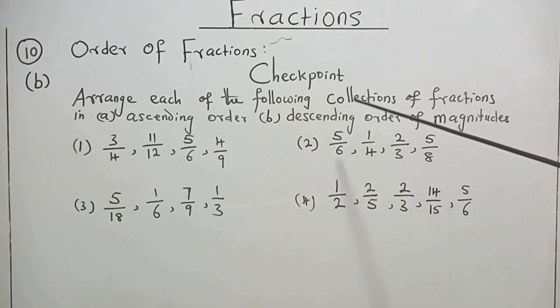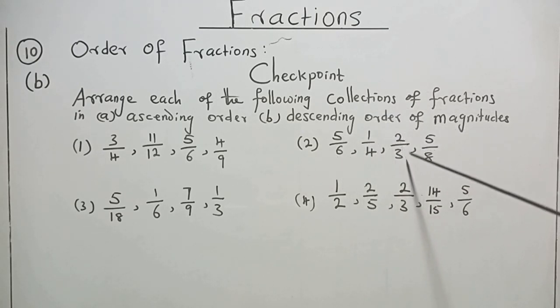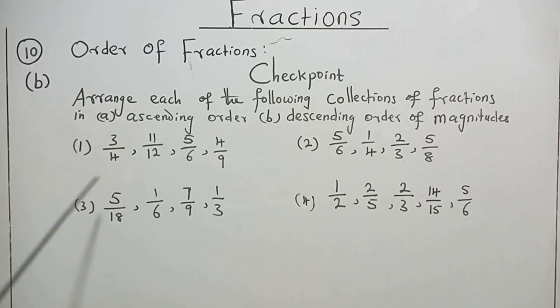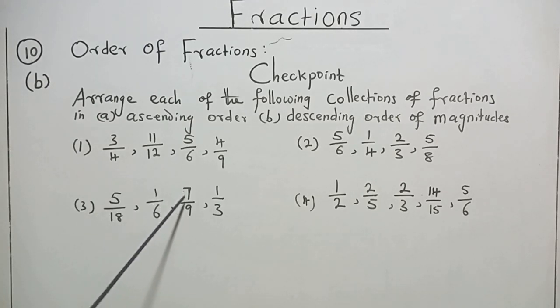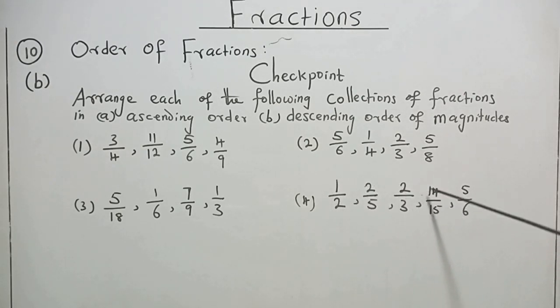Number 2, 5 over 6, 1 over 4, 2 over 3, 5 over 8. Number 3, 5 over 18, 1 over 6, 7 over 9, 1 over 3. Number 4, 1 over 2, 2 over 5, 2 over 3, 14 over 15, and 5 over 6.